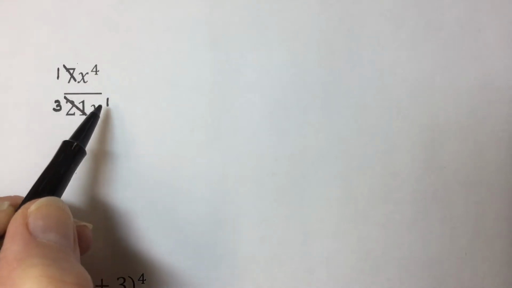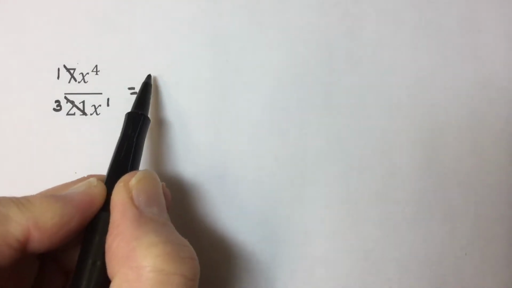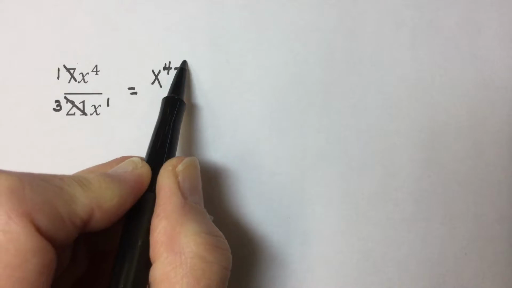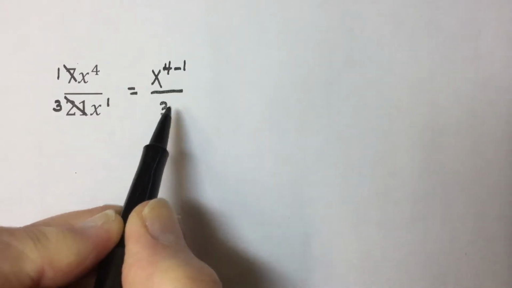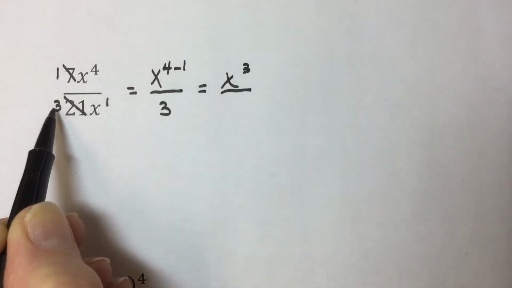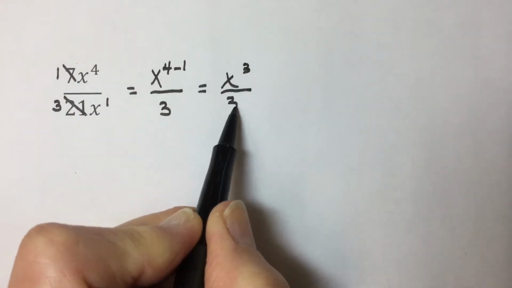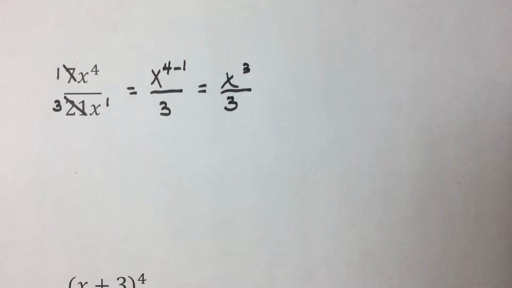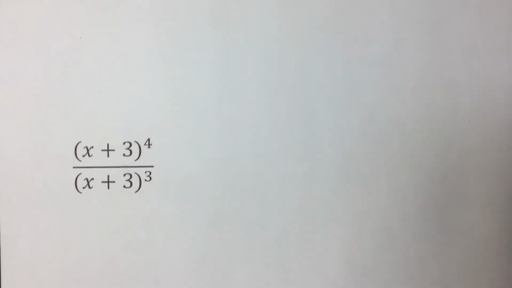X to the 4th minus 1 will leave an x to the 3rd in the numerator, and that factor of 3 when we reduce the integers. For our reduced form for this rational expression, or simplified form.